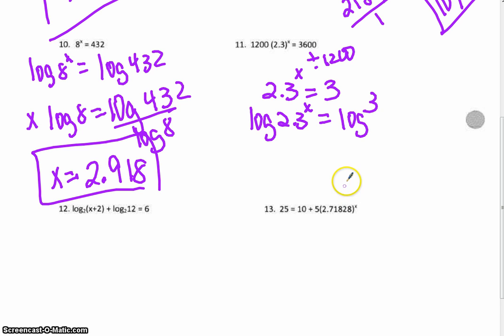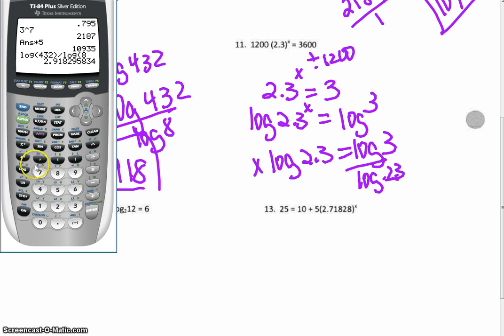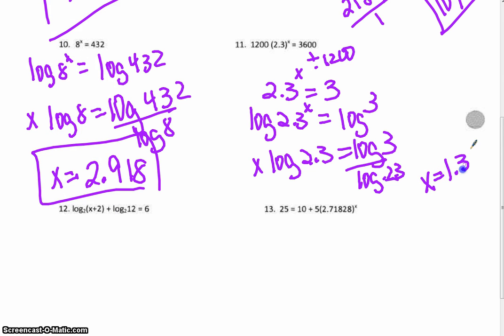Move the x to the front, x times log 2.3 is equal to log 3. Divide by log of 2.3. So you take your calculator and log of 3, get out from your log, divided by log of 2.3, and you get 1.319. X equals 1.319.